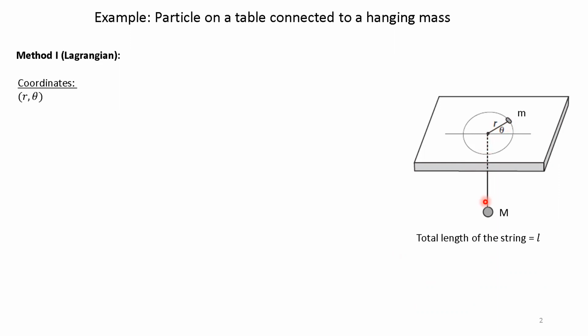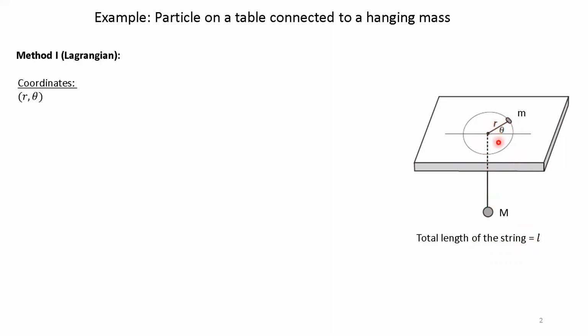At the two ends of the string, at the lower end I have put a big mass, capital M, and the other small mass, small m, is put on the table, so it's just supported by the table. The total length of the string is L, and I assume that this is an inelastic string.